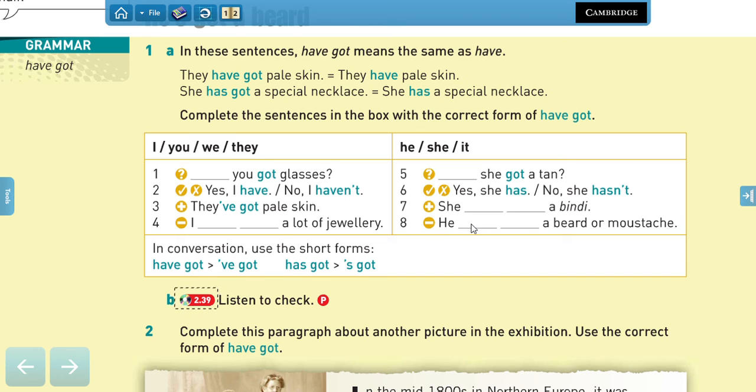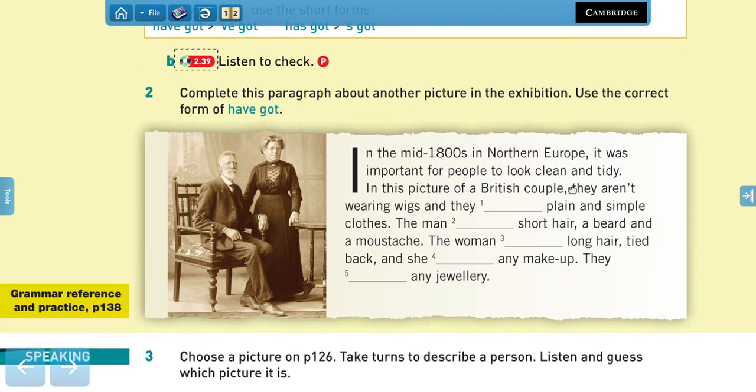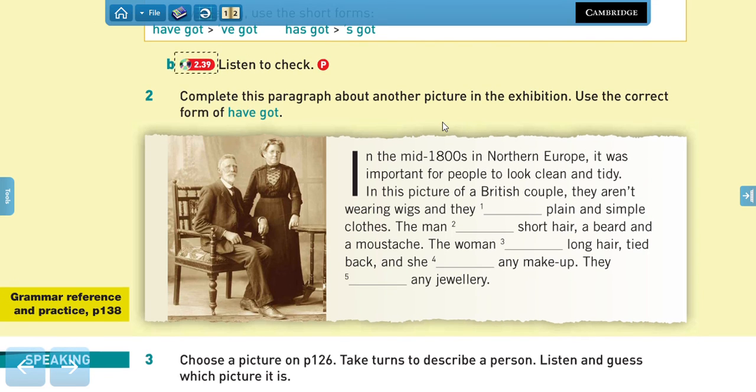He hasn't got a beard or mustache. Now, for the last activity, I want you to complete this paragraph about another picture in the exhibition and use the correct form of have got. So please pause the video now and complete the exercises.